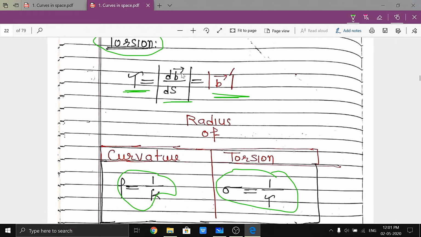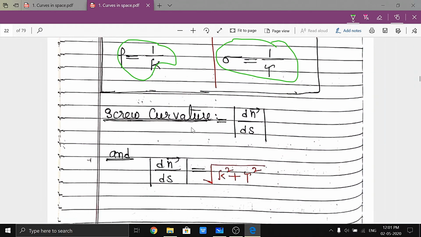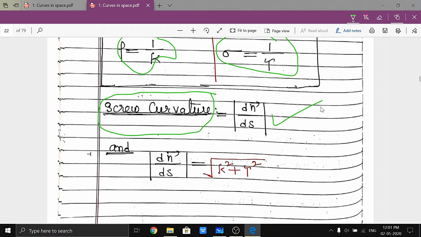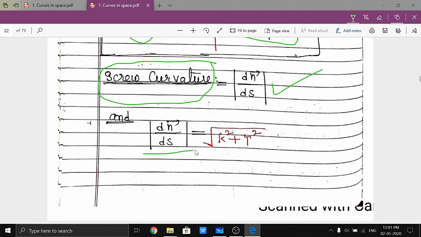Now in terms of N, which is called the screw curvature. What is screw curvature? Screw or twisted curvature is the magnitude of dN by ds vector, and this can be written as the square root of kappa square plus tau square. Clear?